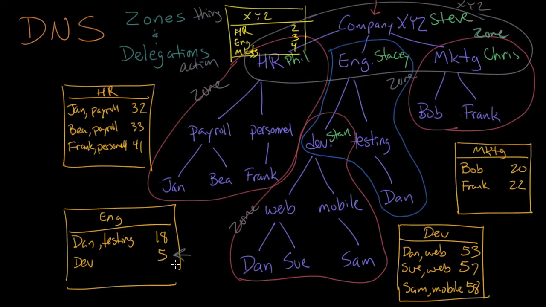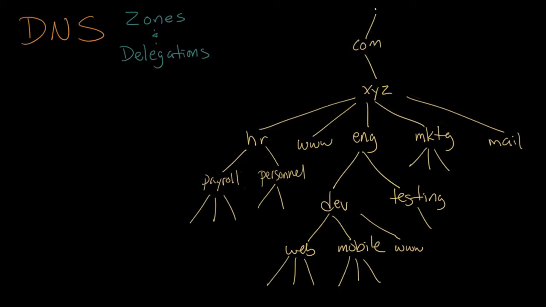Okay, so now we're kind of done with this picture here. Let's go back and look at that first picture that was at the start of the video. So this is essentially the same picture, but it's just drawn in domain format. So you can probably already see some of the things here. Right here is where the top of the XYZ domain starts, but it's also where the top of the XYZ zone starts.